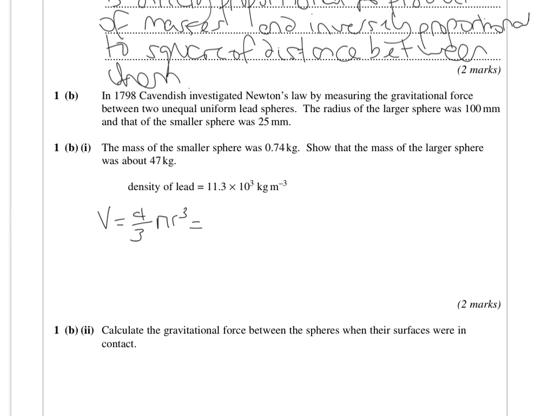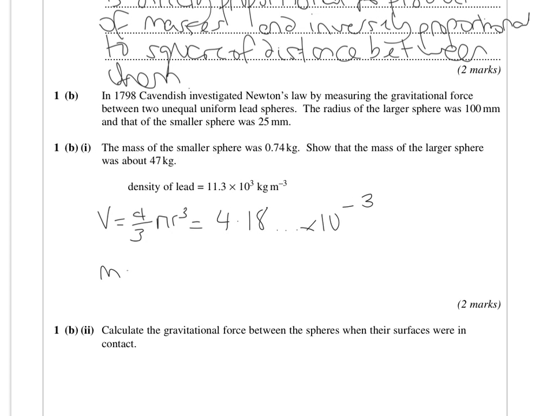So let's calculate that. We've got 100 millimeters, so 100 times 10 to the minus 3. We'll cube that, times by pi, times by 4 divided by 3, which gives you 4.18, and so on, times 10 to the minus 3.